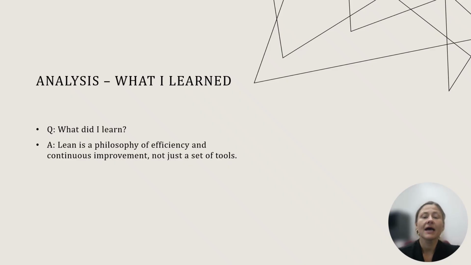I'll also say that it is an evolving philosophy, and as the times change and we grow, tools like AI, artificial intelligence, will really help us analyze what items add value and help us systematically remove that waste.